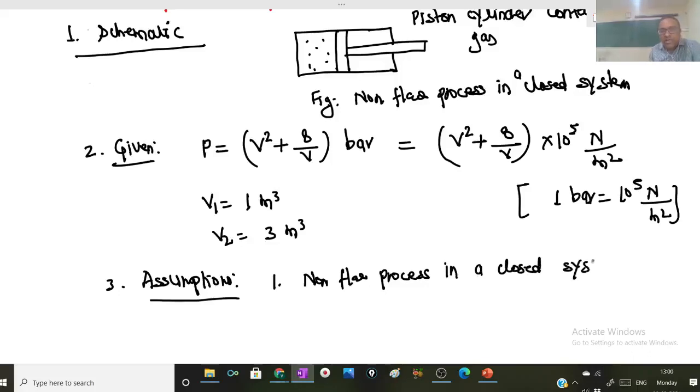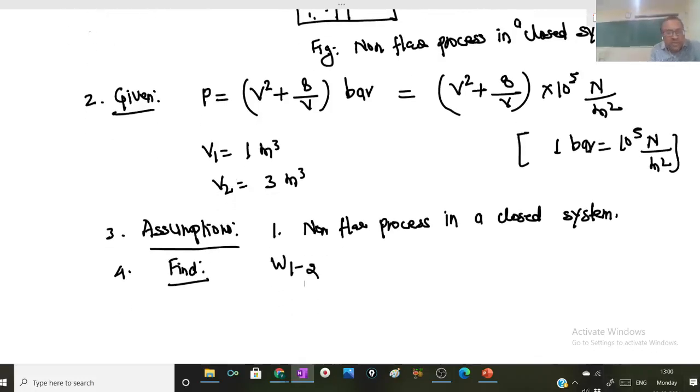Don't worry, by the time you will also think in this logical manner. And step number 4 is enlist what is to be found out. So what you are supposed to calculate? Work done. And the 5th step is detailed calculations.